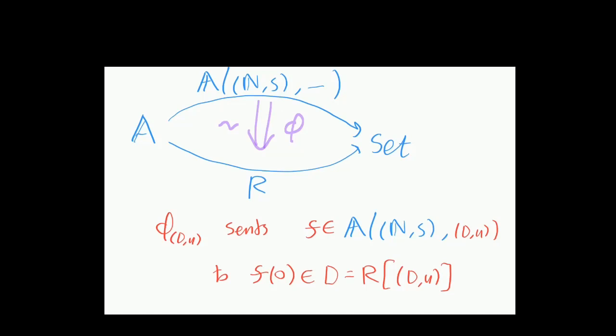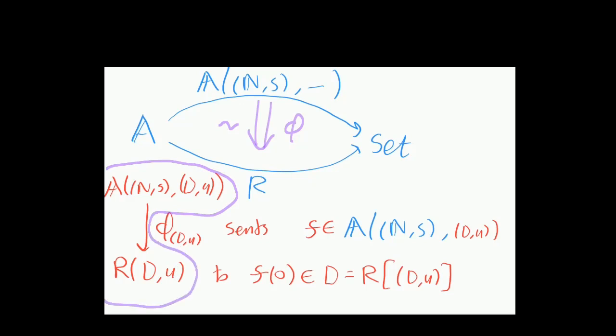Well, firstly there's a natural transformation phi from this hom functor here to R, and then for every dynamical system D comma U, there's going to be a D comma U component of this natural transformation, and that's going to be a function which goes from the set of morphisms from our natural numbers dynamical system to D comma U, to what we get when we apply our forgetful functor R to D comma U. So this is the signature of a component of this natural transformation.